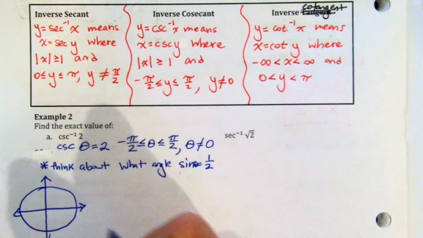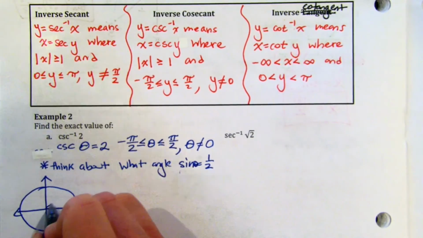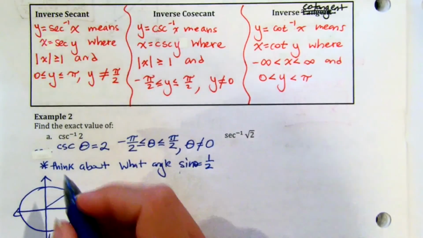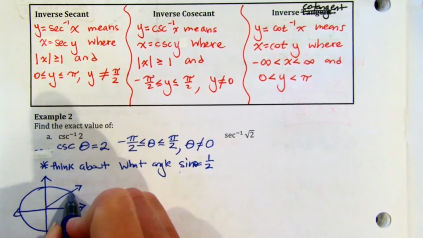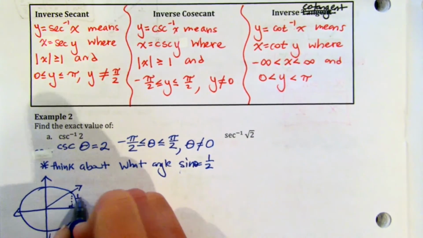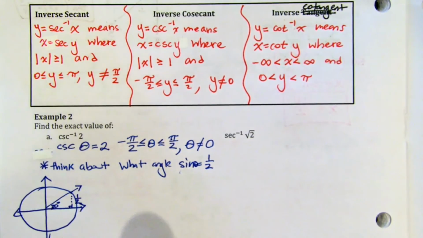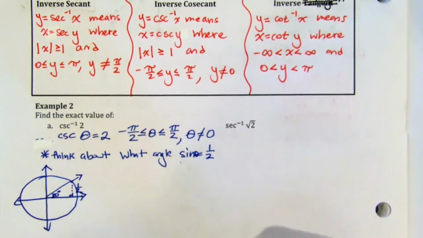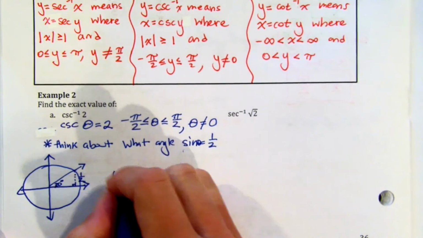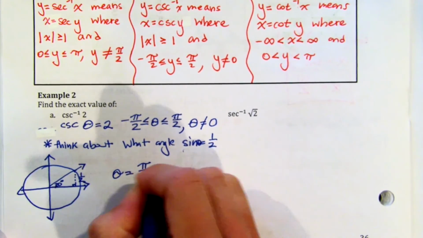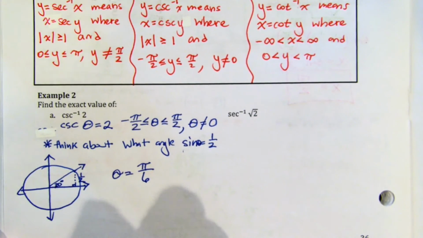And so where does that occur? Well, the sine value to be 1/2 is when we have a reference angle of 30 degrees. So in radians, that would be pi over 6.